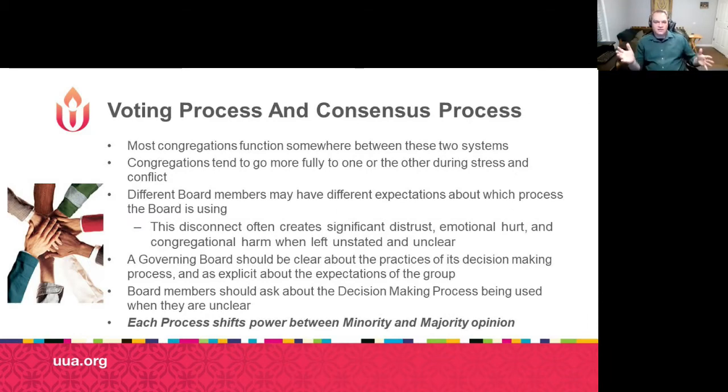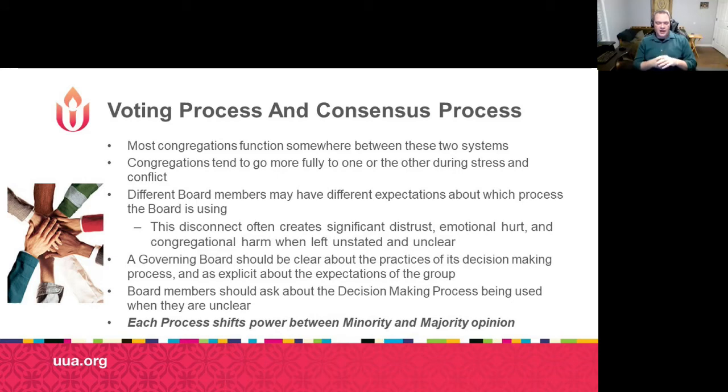So most congregational boards and most congregations function somewhere between these two systems. Congregations tend to go more fully to one or the other during stress and conflict. Most congregations tend to go to voting under stress. And some congregations even write that into their policy.